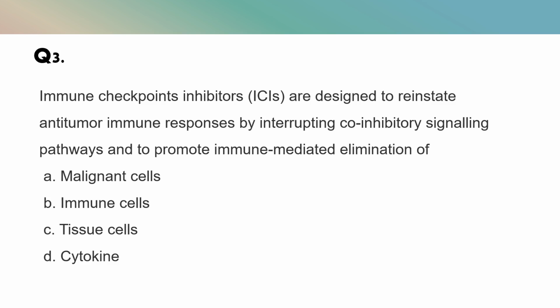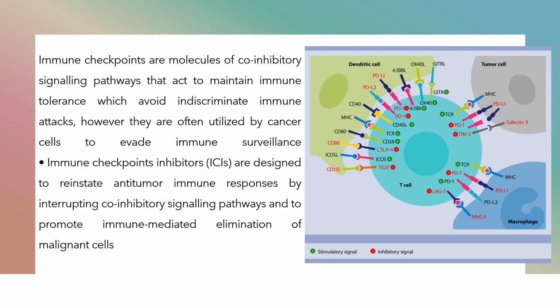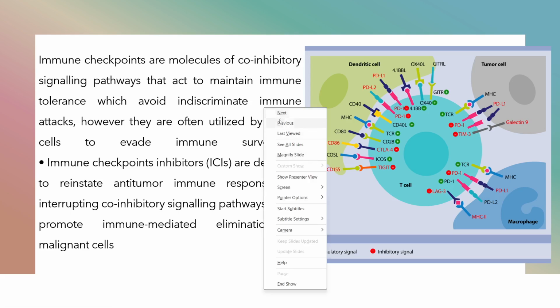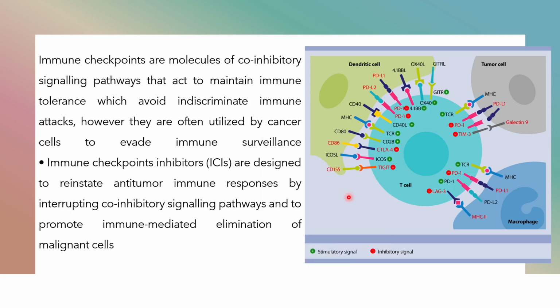Okay, let's discuss it then. I got your answer. It is B or A. Fine, then discuss it. So, in the right hand side figure, you can see that this is a T cell.